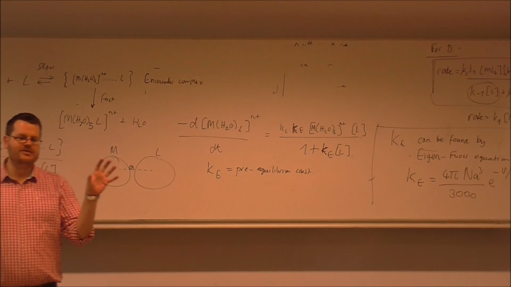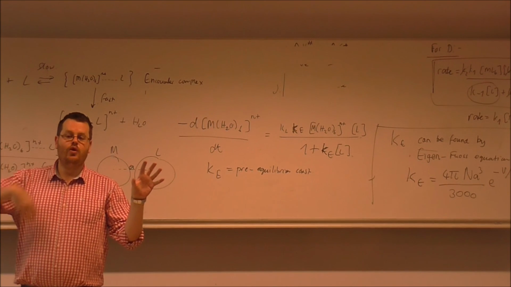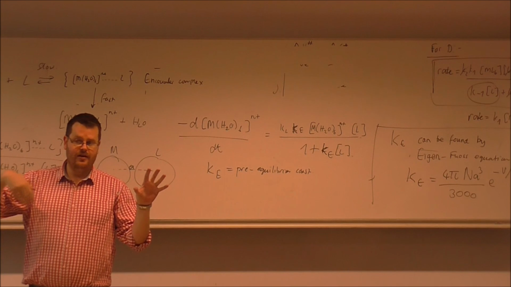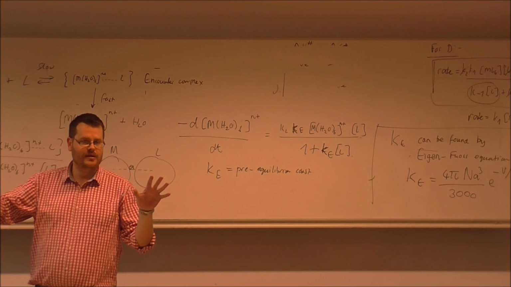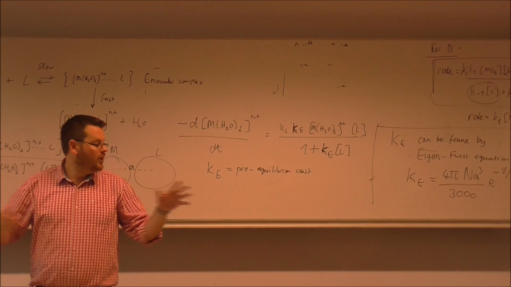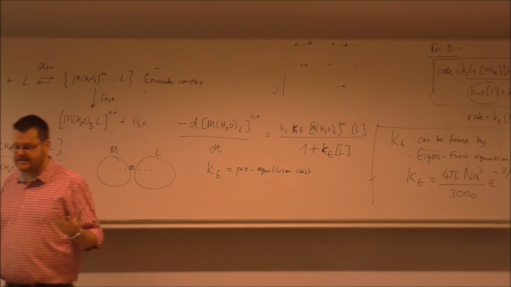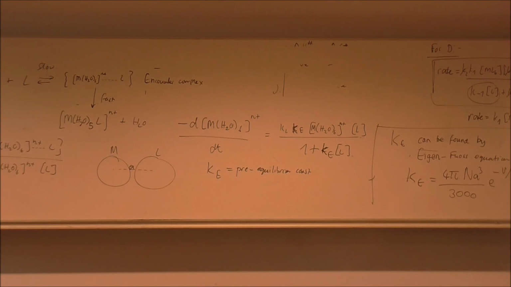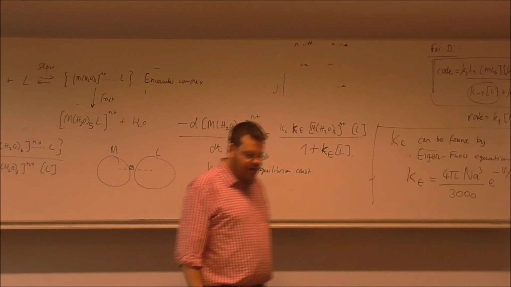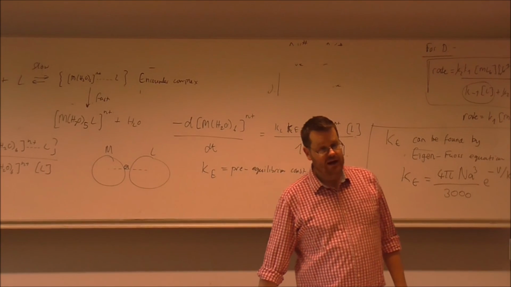If they have opposite charges, that's also going to increase the value of the pre-equilibrium constant considerably, right? Because V, also called the Debye-Hückel potential, will be increased. And so you can evaluate the Ke value numerically, and you can then use the Eigen-Wilkins equation to actually determine the rate of the reaction.